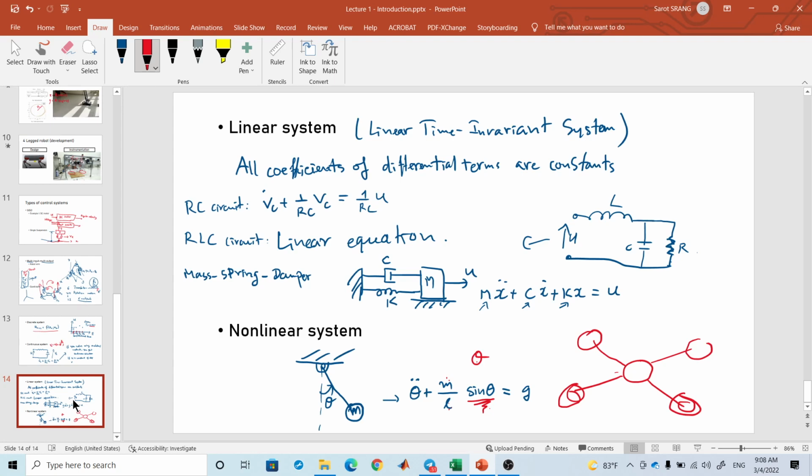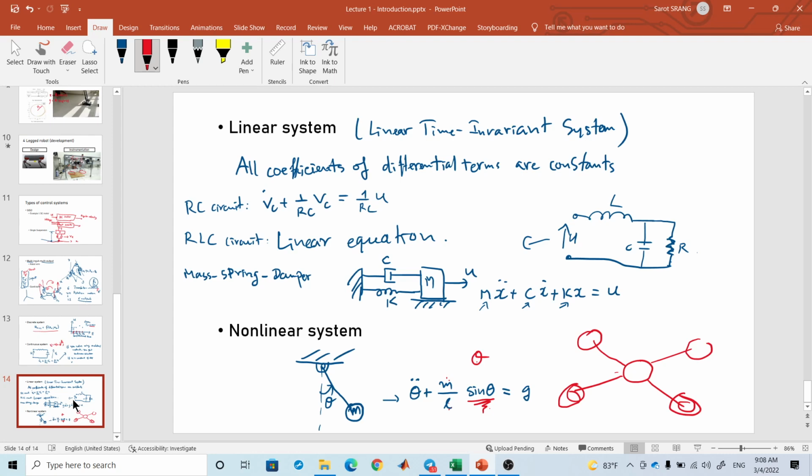Rotation on the roll not up to 90 degrees, the pitch not up to 90 degrees. The yaw is fine, it can rotate many rounds, but for the roll and the pitch we can just linearize and control within their range. The range is fine.